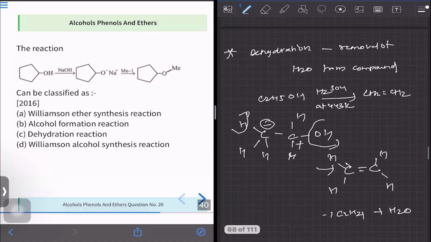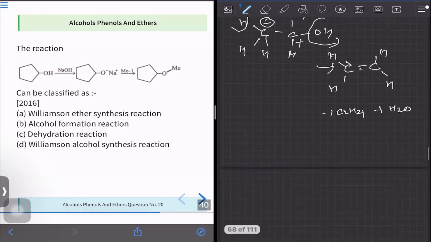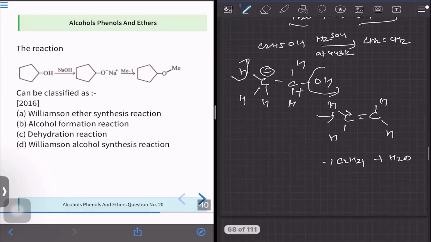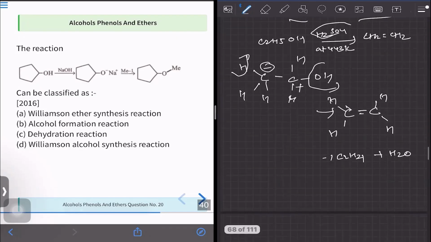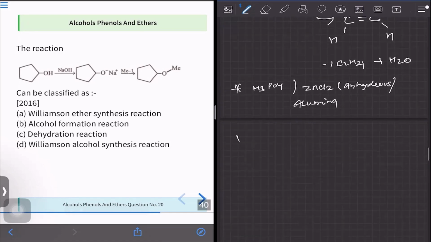So removal of water from a compound is known as a dehydration reaction. We can use not only H2SO4, we can also use H3PO4 or anhydrous ZnCl2, and alumina. We can use these substances for dehydration.